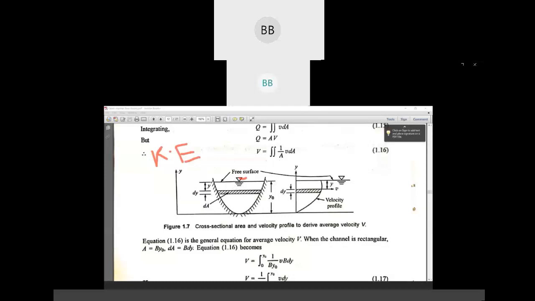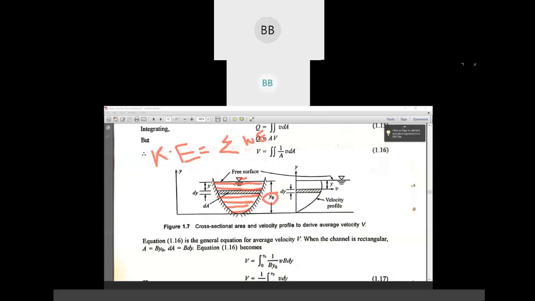Now, if we want to find out the kinetic energy of the whole cross section, then what we are going to do is take summation of the kinetic energy for each elementary area. Suppose this is an elementary area, we can consider a number of elementary areas depending on the depth of flow.